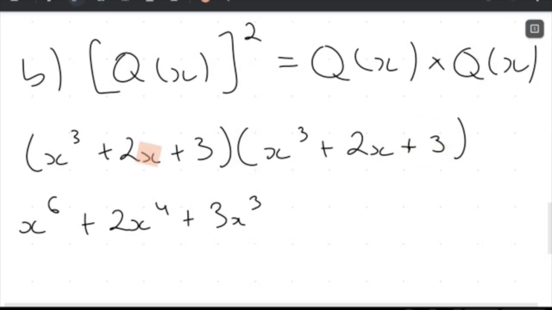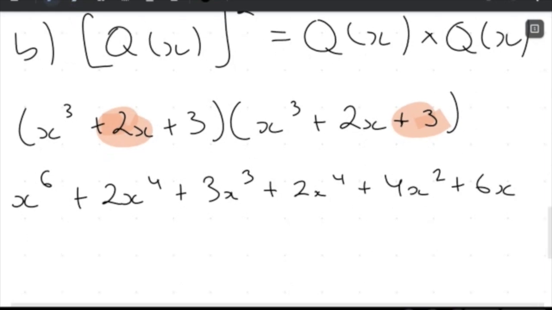Next, we're timesing 2x by x cubed. That gives me positive 2x to the power of 4. Timesing by the next gives me 4x squared. And timesing by the final one by 3, that gives me positive 6x.